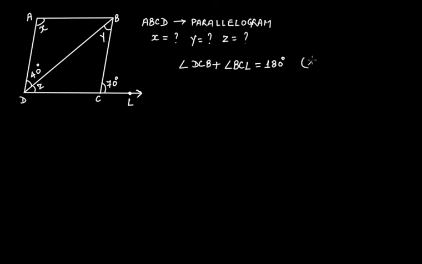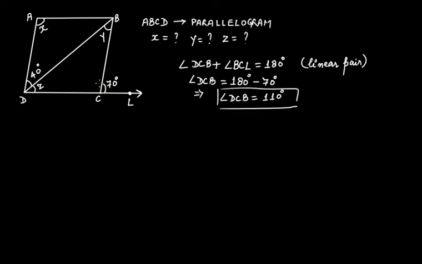Why? Because they form a linear pair. Now angle DCB will be what? Angle DCB will be equal to 180 degrees minus BCL, which is what? 70 degrees. So you get angle DCB as 110 degrees.